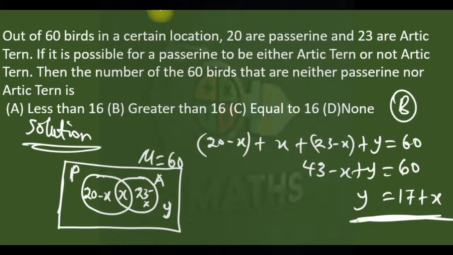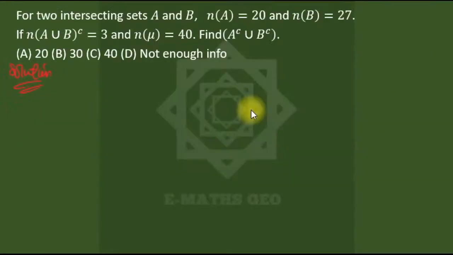Thank you. Now, for two intersecting sets A and B, the number in A is 20 and the number in B is 27. If n of (A union B) prime is 3, and the universal set is 40, we should find this. First of all, we have to draw a Venn diagram.